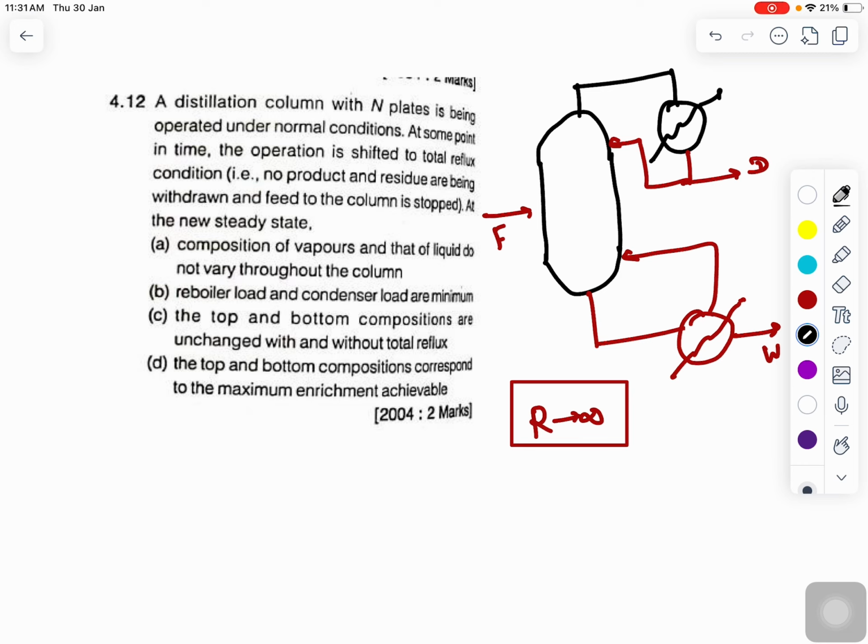So the top product will have a maximum concentration of the more volatile component, and the bottom product will have a composition of the less volatile compound. Both the top and bottom compositions correspond to the maximum enrichment available. So from here option D will be correct.